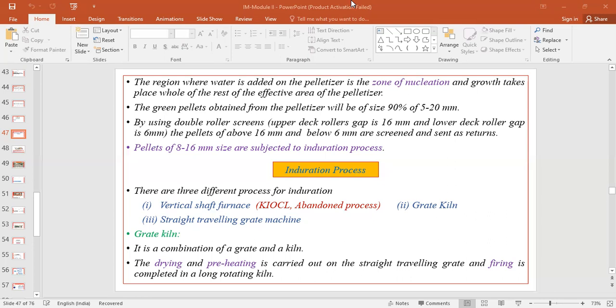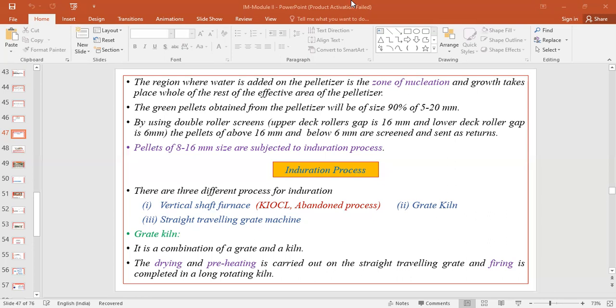And these green pellets are subjected to the induration process, which consists of three stages, that is drying, preheating, and firing.